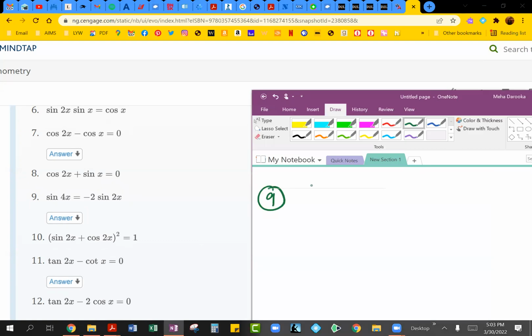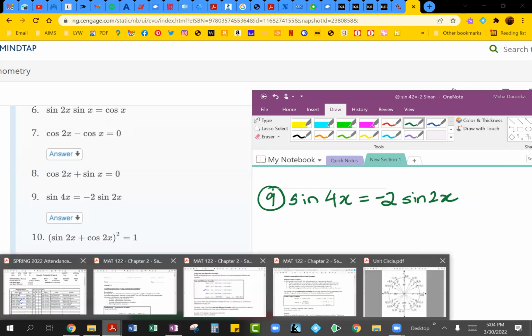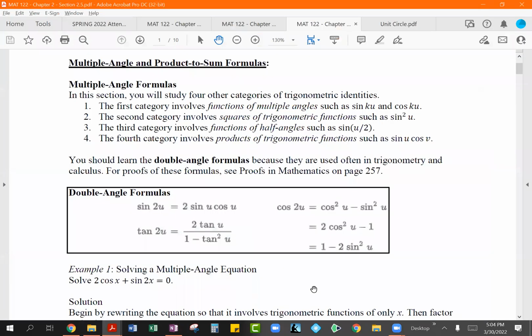This was number 9. We are given sine of 4x equals -2 sine of 2x. This should actually be a small letter. So let's take a look at how we need to break this down.